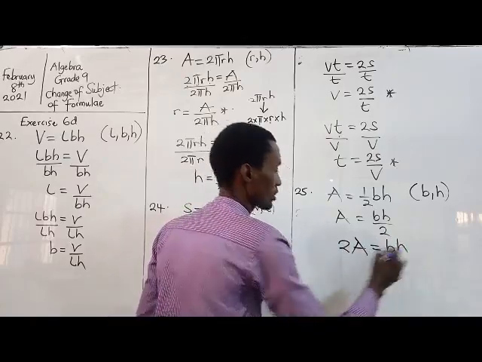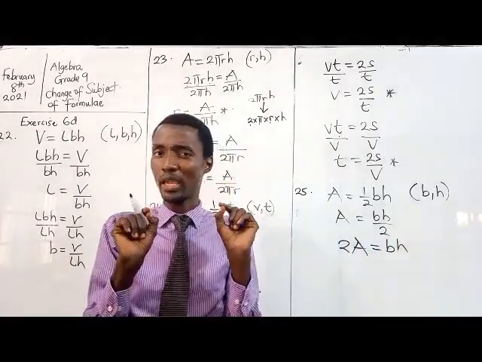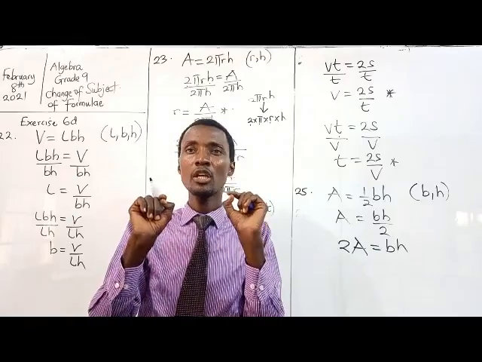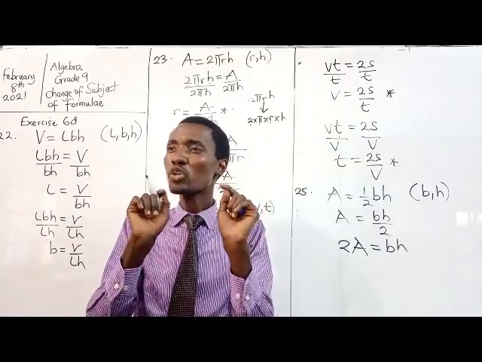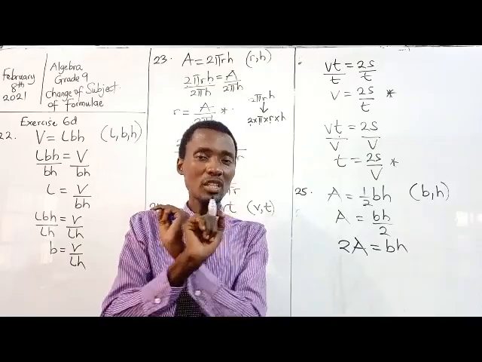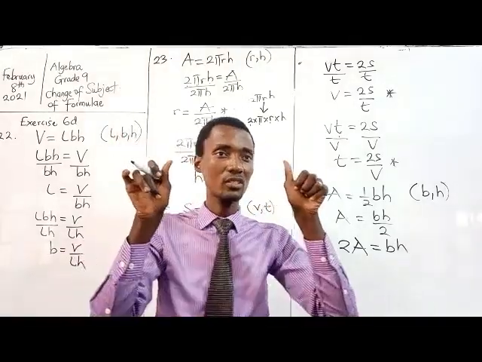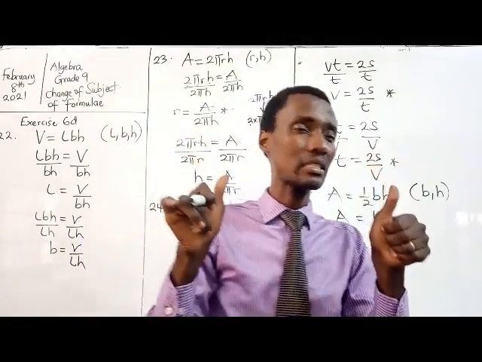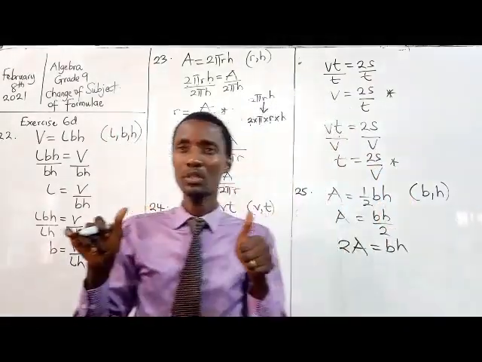2A equal to BH. Now, notice what I'm doing here, because sometimes order is not too important in mathematics. Quoting a famous character in the Matrix, some rules can be bent, others can be broken.